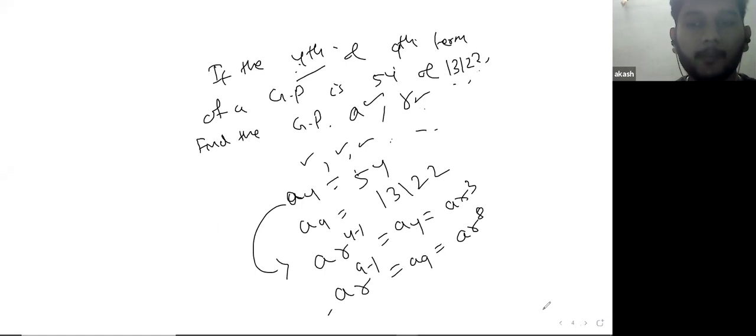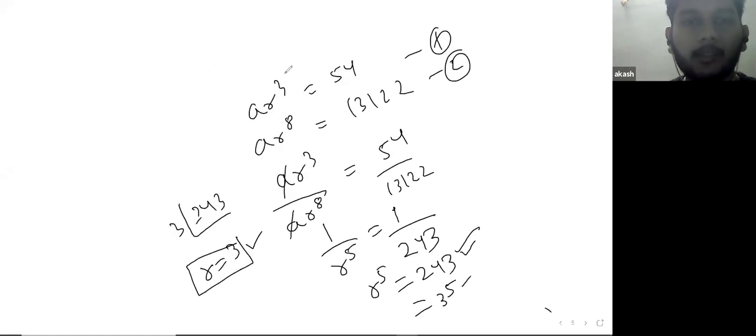So I wrote down a r cubed is 54, a r to the eighth is 13122. Now it's my responsibility to see how I can find the value of a and r. So it seems clear to me that if I divide these two, then a and a will be cancelled. I will only have one variable, right? So that is why I divided. Are we clear now, Peer?